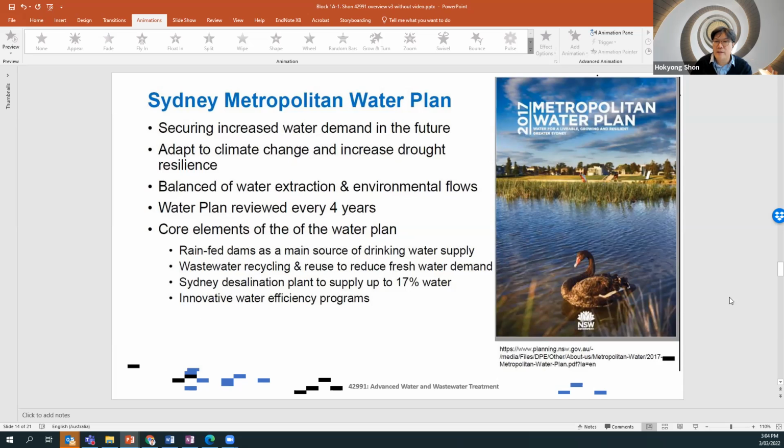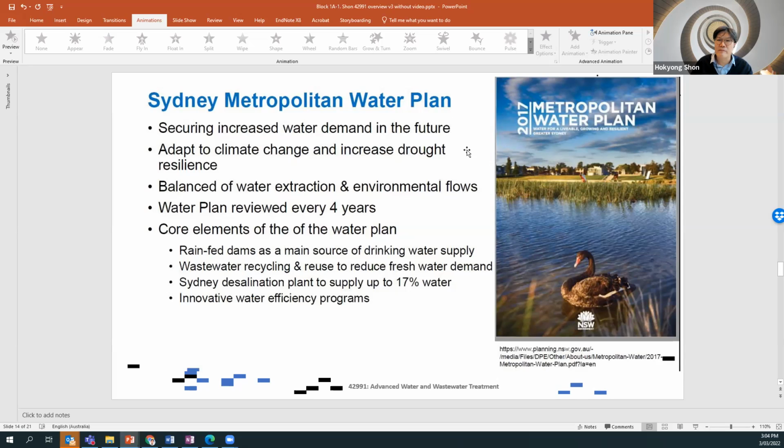We were supposed to publish the latest Metropolitan Water Plan in 2021, because it is reviewed every 4 years. But in 2021 we had the pandemic situation, and wastewater plants had very serious issues with it.